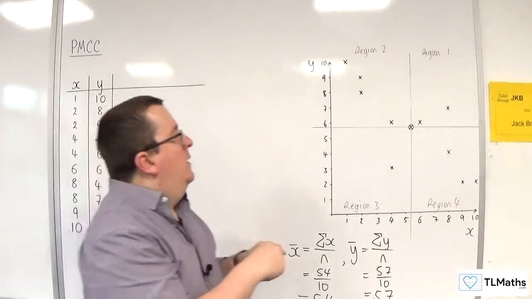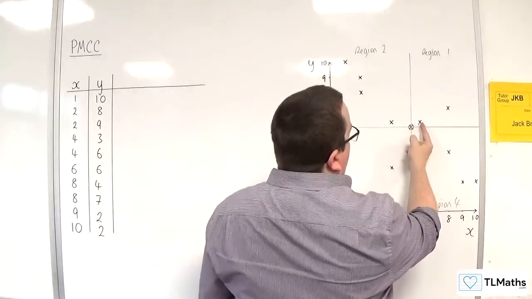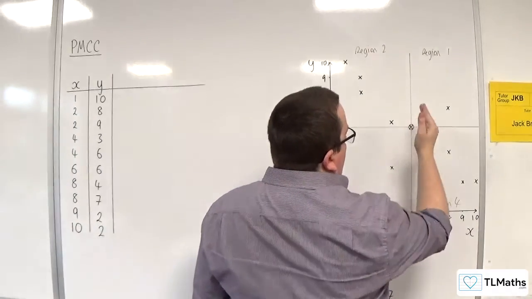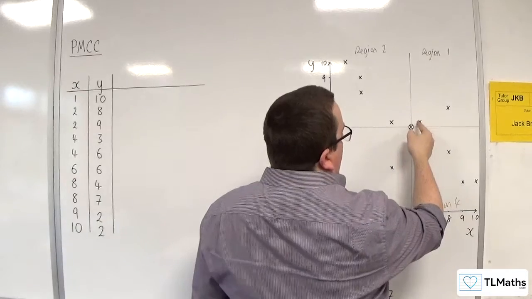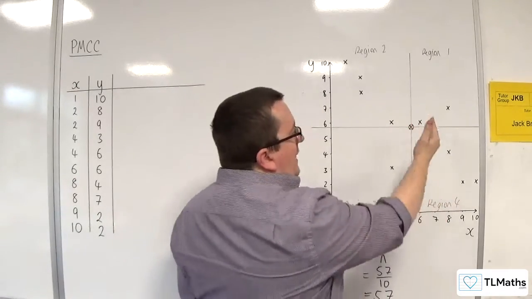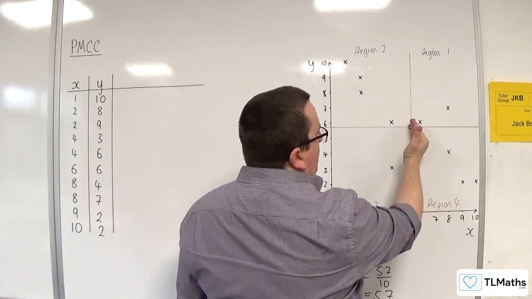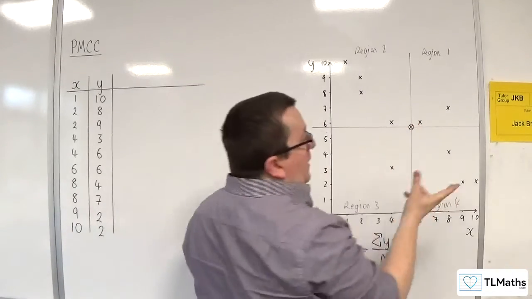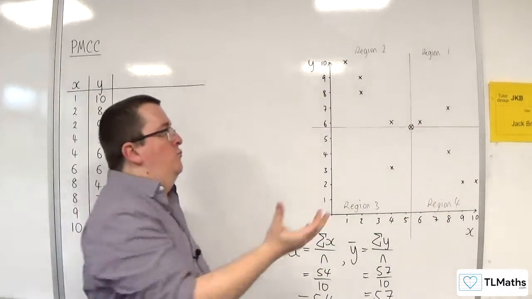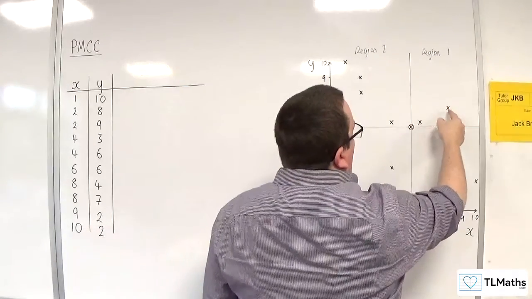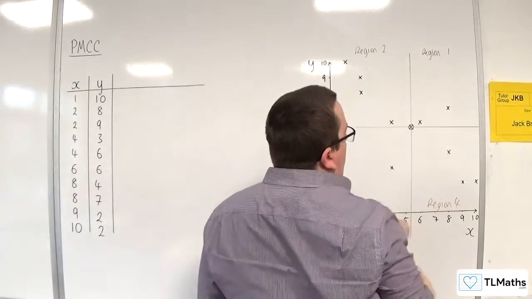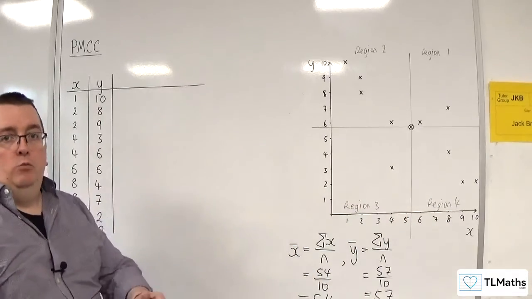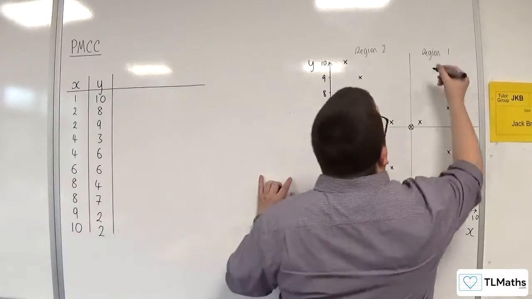If we were looking at the horizontal distance, so if we looked at this point, for example, this point has an x coordinate, and I could work out that difference by doing x take away x bar. The value that I would get would be positive when we're in region 1, because we've got a larger value take away a smaller value. So each of these data points would give me x take away x bar, which would be positive.